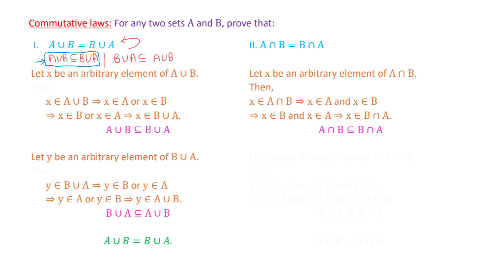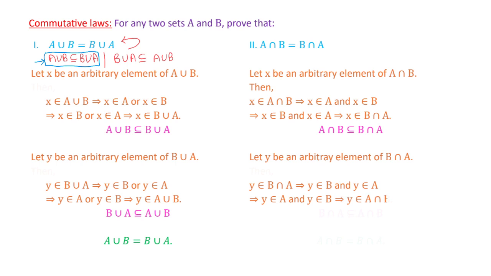Next, to prove the second part, we are proving that B intersection A is a subset of A intersection B. So we say Y is an element of B intersection A. Then Y belongs to B intersection A. This implies that Y belongs to B and Y belongs to A. We can write it in this form. The proof is similar to what we have proved earlier.